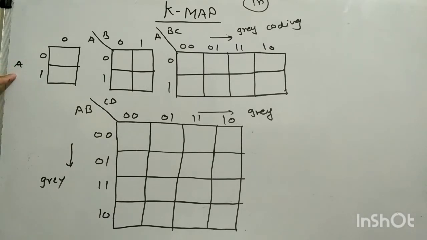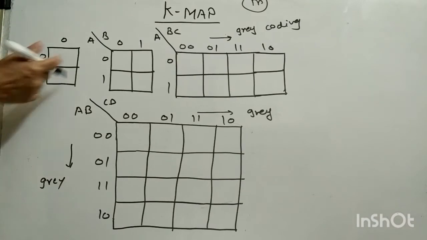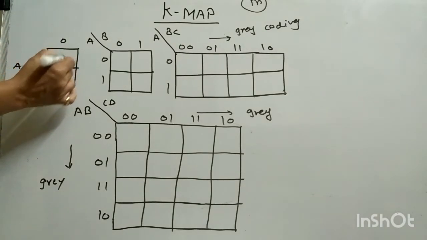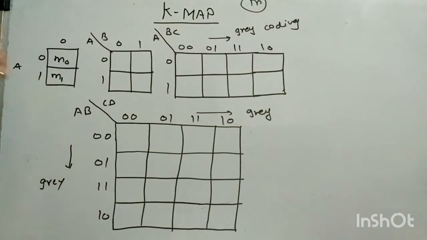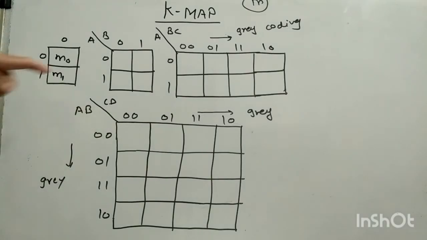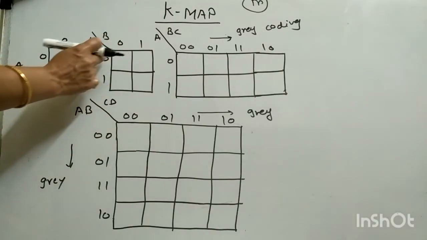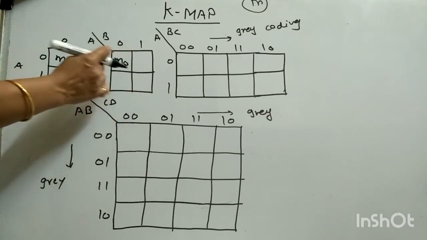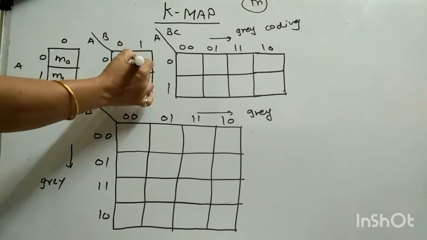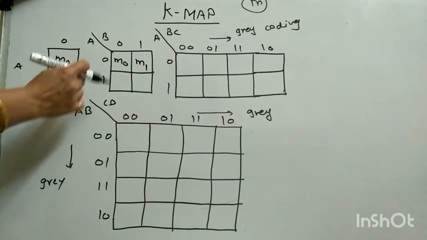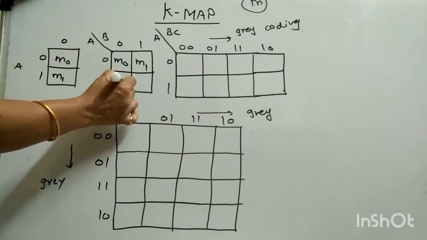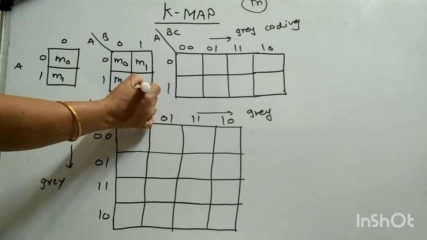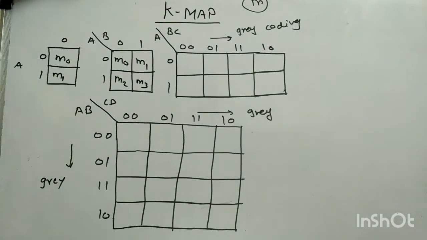For the two variable map, the first cell is 0 and this is 1, so this is represented as M0 and this is represented as M1. For two variables, 0 0 corresponds to M0, 0 1 corresponds to M1, 1 0 corresponds to M2 and 1 1 corresponds to M3.